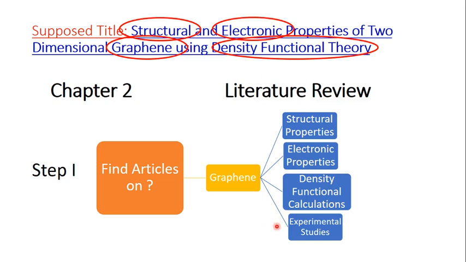You can involve experimental studies also, although your thesis is on a theoretical topic. So this is about the literature review. The first step is about finding articles relevant to your topic.